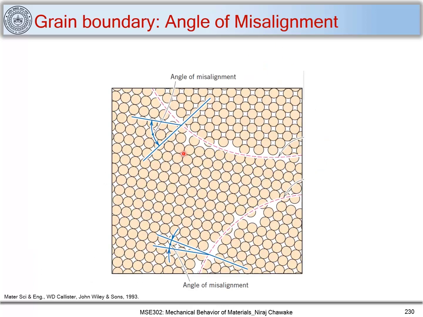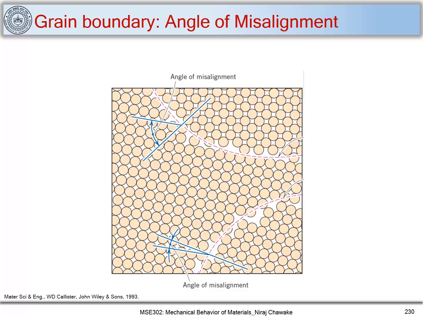Now let's understand what I mean by misalignment. Let's say I have this grain and I mark the orientation of this grain in this way, and here in this way, let's say these are some particular planes, another type of planes in this grain. So what's the angle between these?